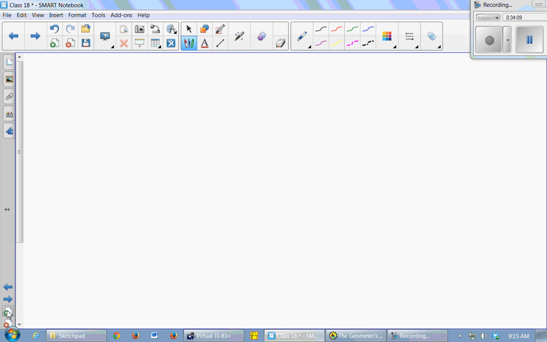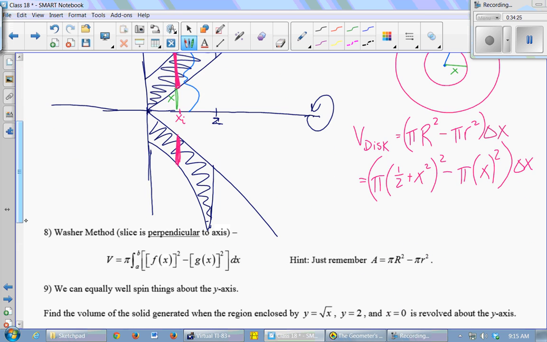So the volume of my whole region is approximately the sum of a bunch of n of these rectangles. Go from i equals 1 to n, where I add up n disks that have this volume.